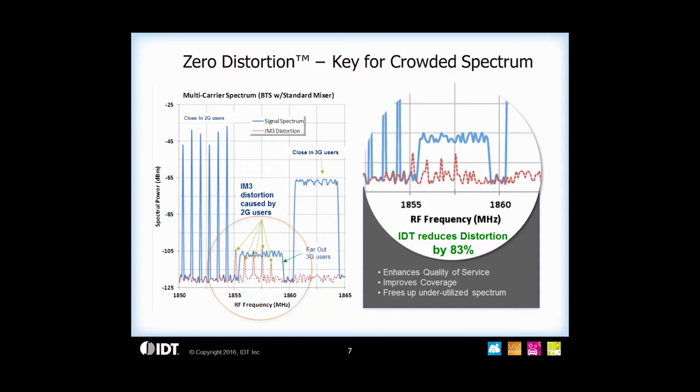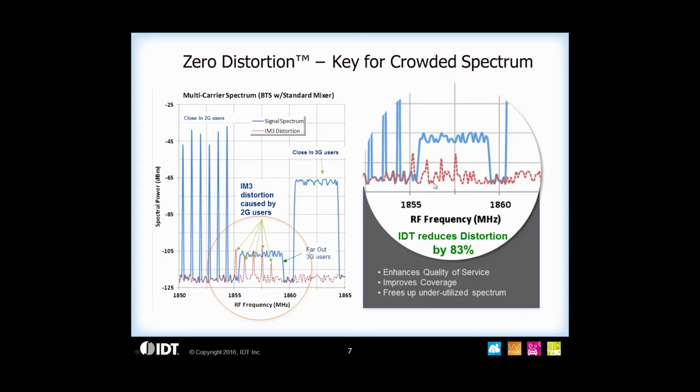So as you see on the screen, there are intermodulation distortion products which standard mixers have, which cause interference in the spectrum of interest. Due to these intermodulation distortion products, the spectrum is not used effectively and the quality of service is poor. With IDT's products, we have reduced this intermodulation distortion by up to 90%.